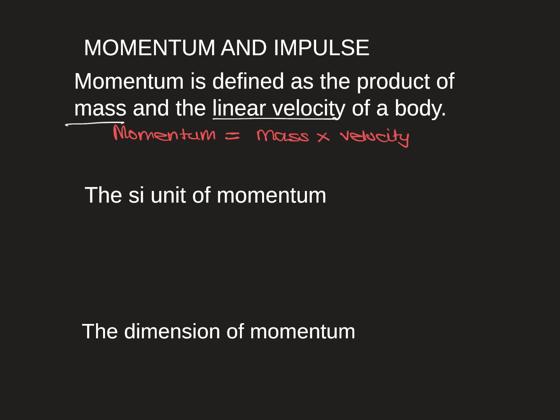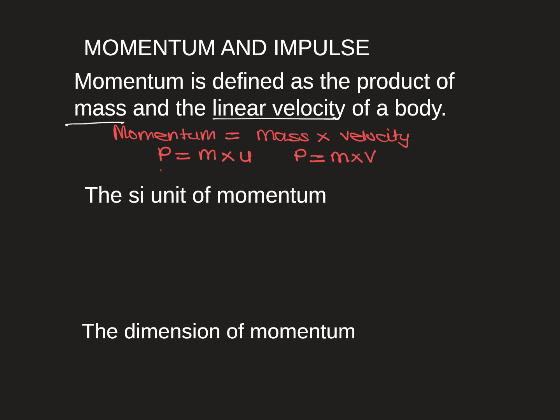Momentum is represented by the small letter P. This is equal to mass times the velocity, which can be u or v, showing initial velocity or final velocity. So if we are considering the final velocity, momentum will be m times v.